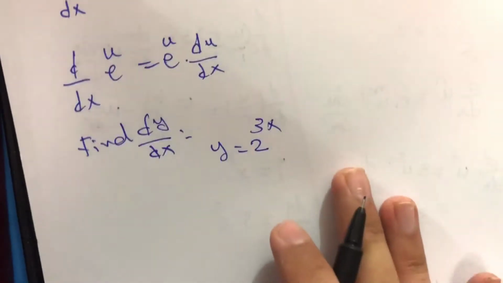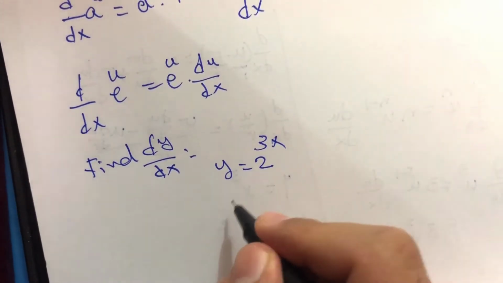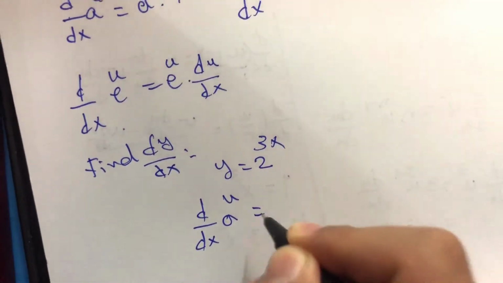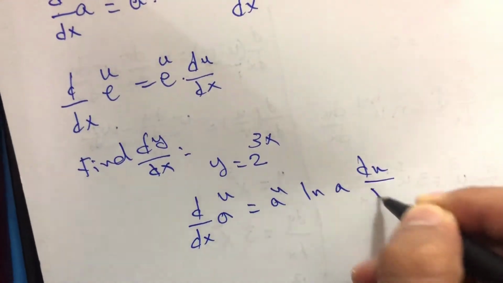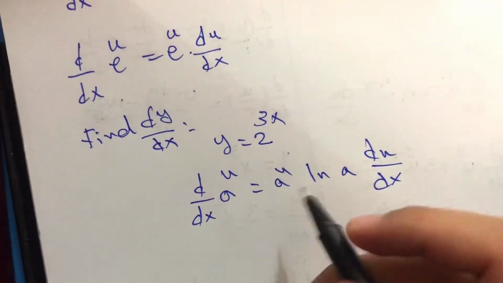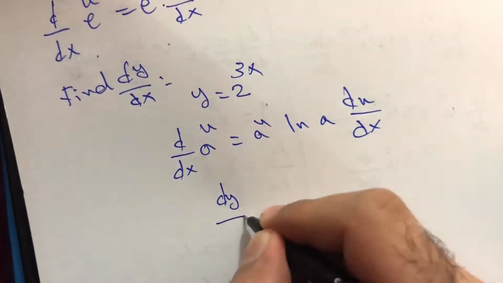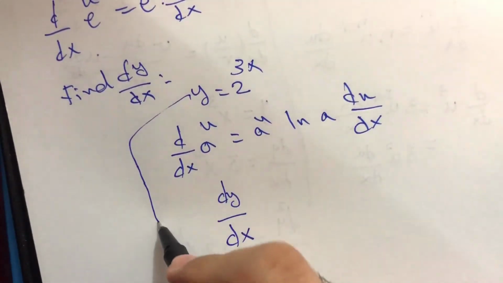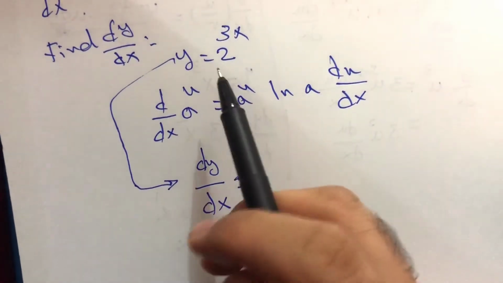This can be solved using d by dx for a to the power u equals a to the power u ln a du by dx. Let us apply this law to this function. We will find the derivative dy over dx.